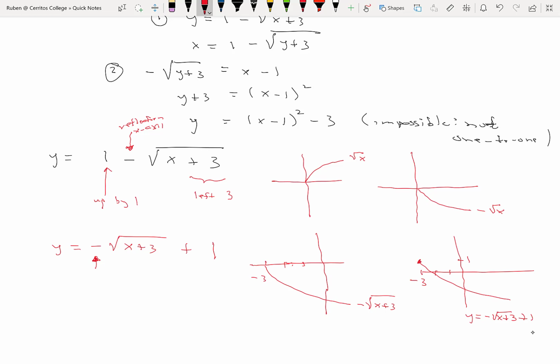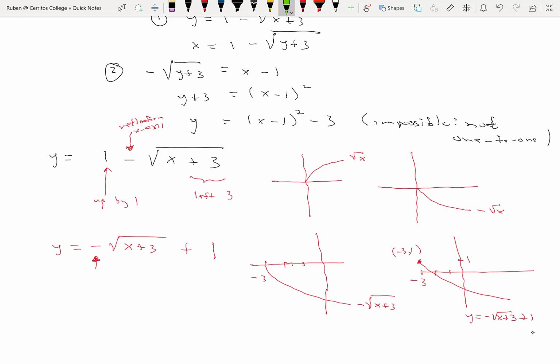The inverse needs to be a reflection of this graph across the line y equals x. So I'm going to draw that in green. Now the original function goes through the point negative 3, 1. So the inverse should go through what point?